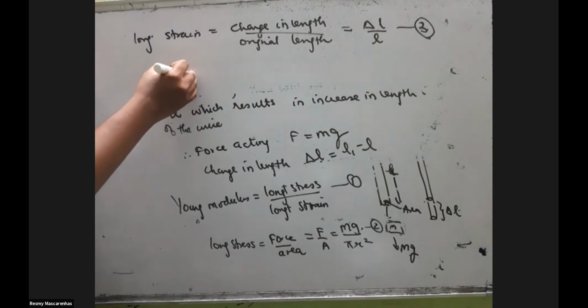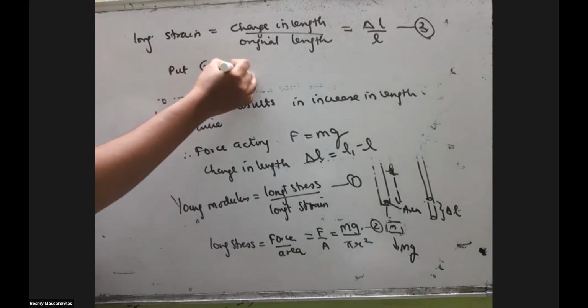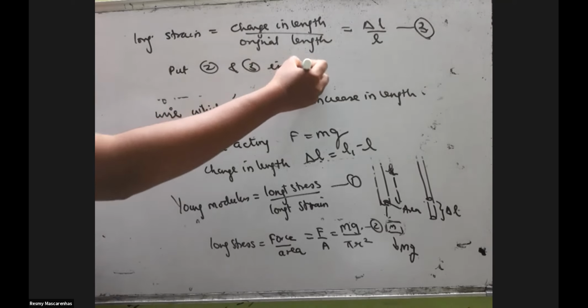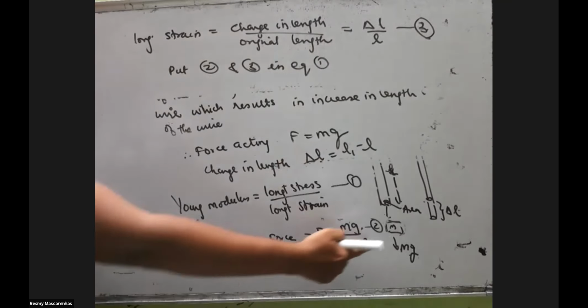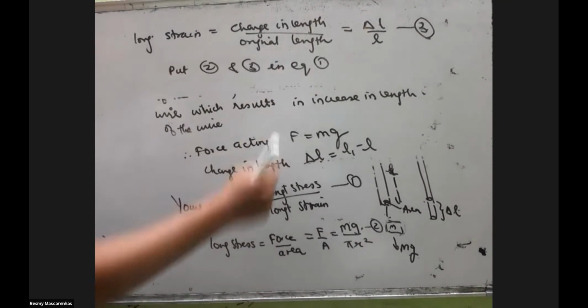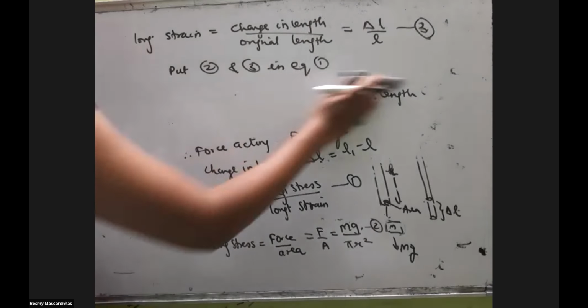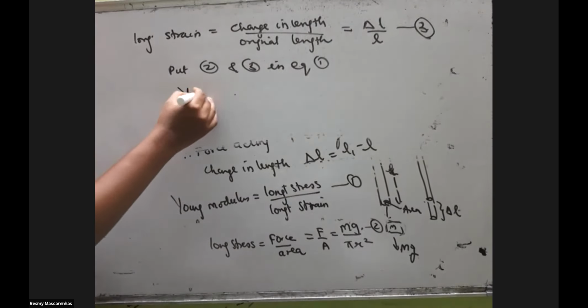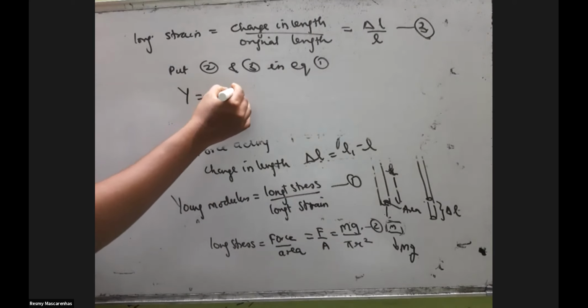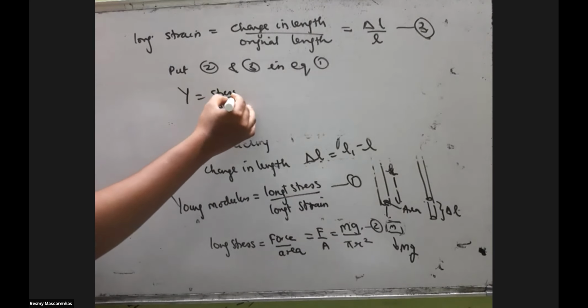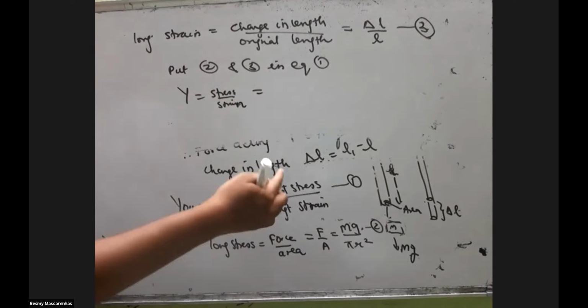So what you do? Put 2 and 3 in equation 1. Put whatever is the stress here and whatever is the strain here. So now the stress upon strain. So stress, how much you got?